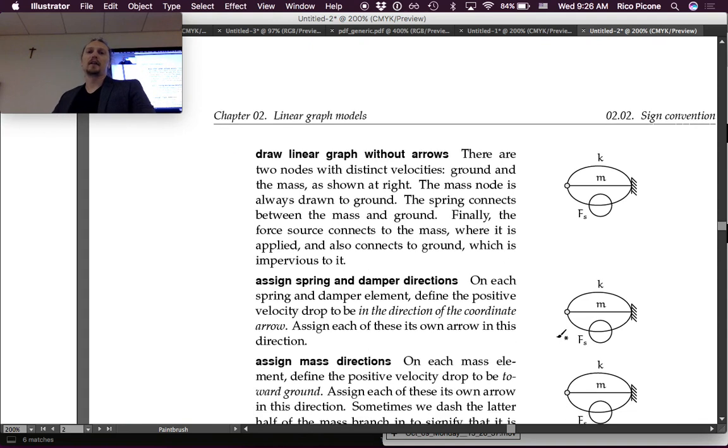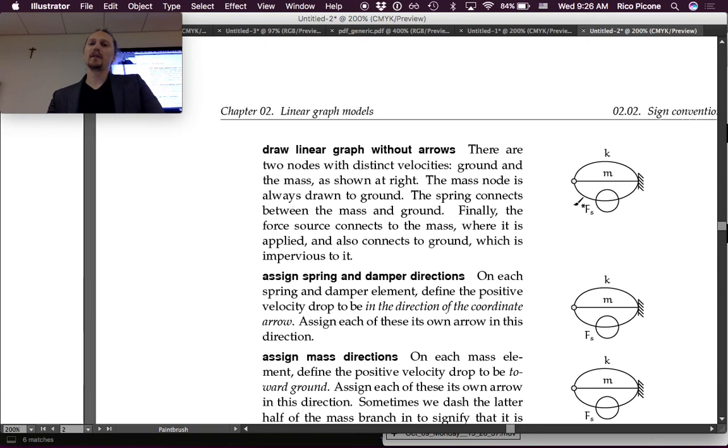Now draw a linear graph without arrows. So there are two nodes with distinct velocities, ground and mass, as shown at right. So we usually will construct linear graphs with the ground on the bottom, or often we will.